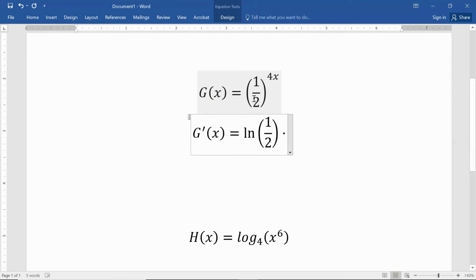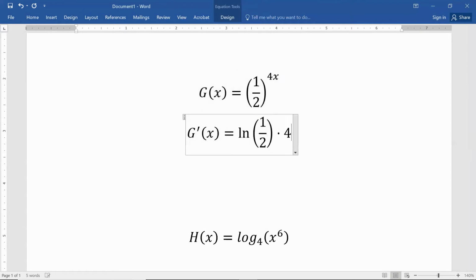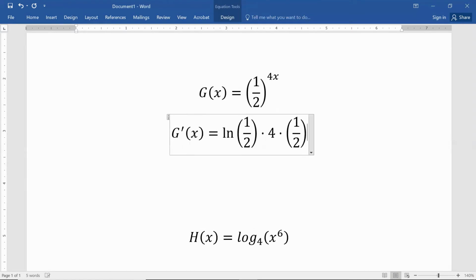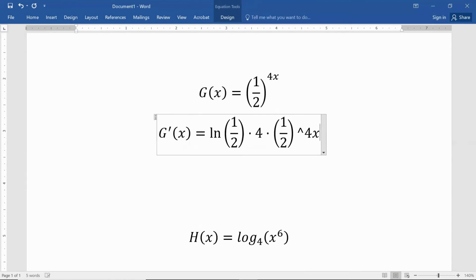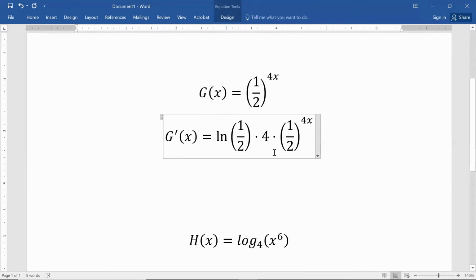So natural log of the base multiplied times the derivative here. Now, because my exponent is 4x, I need to pull a 4 out front. And so it's natural log of 1/2 times 4 times 1/2 to the 4x.